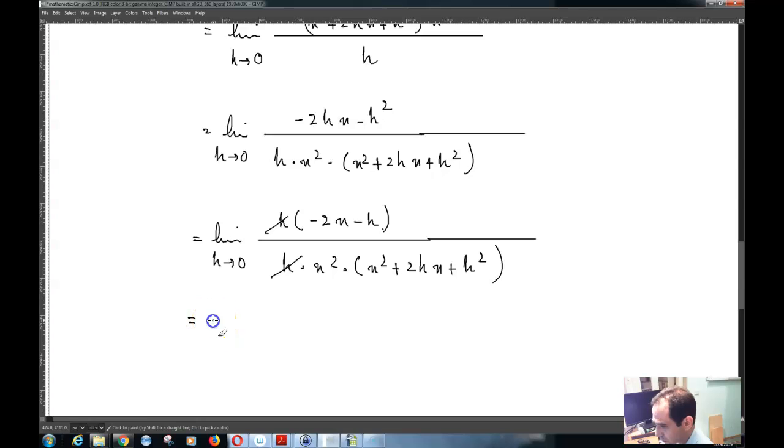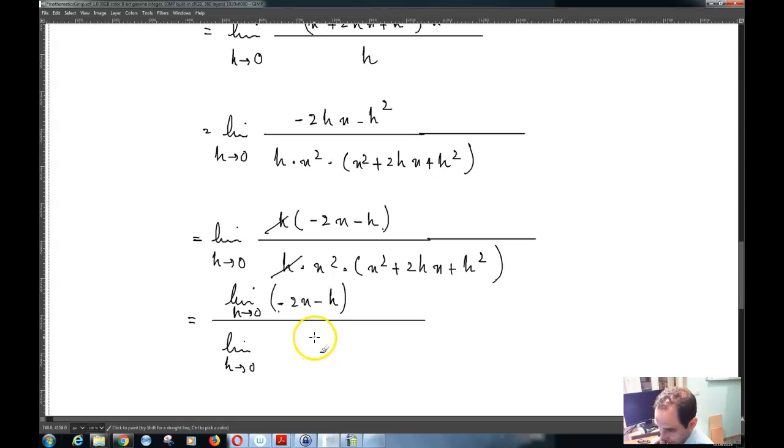So I can write this as the limit as h tends to 0 of negative 2x minus h over the limit as h tends to 0 of x squared times x squared plus 2 times hx plus h squared.